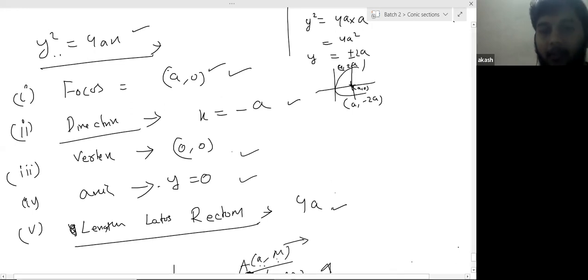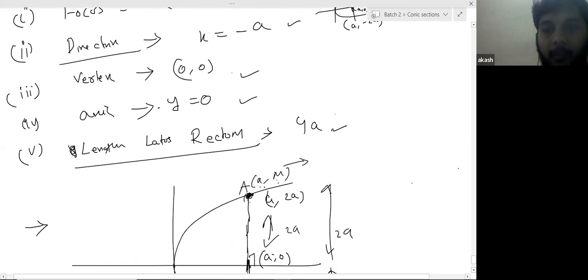Write down the definition of latus rectum also, so that you can remember.